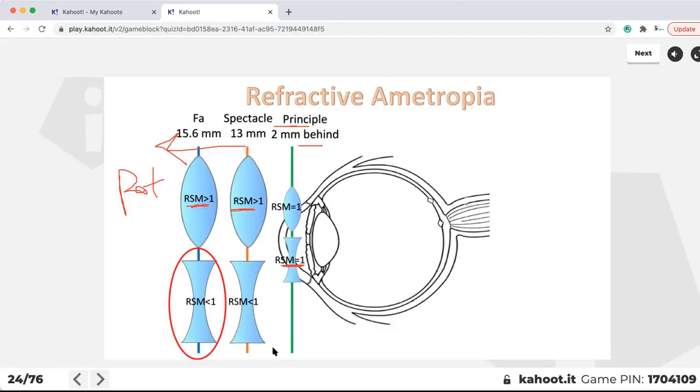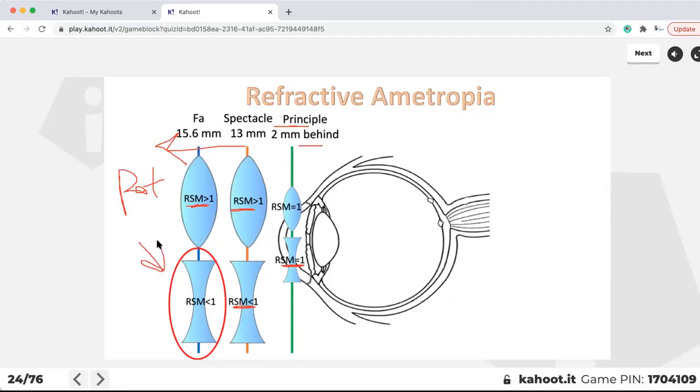And the more we get away from the principal plane, the more minification of the image. So the relative spectacle magnification of a lens at the spectacle plane will be less than 1. And for a lens at the anterior focal plane, again, it will be even more minified, or smaller.